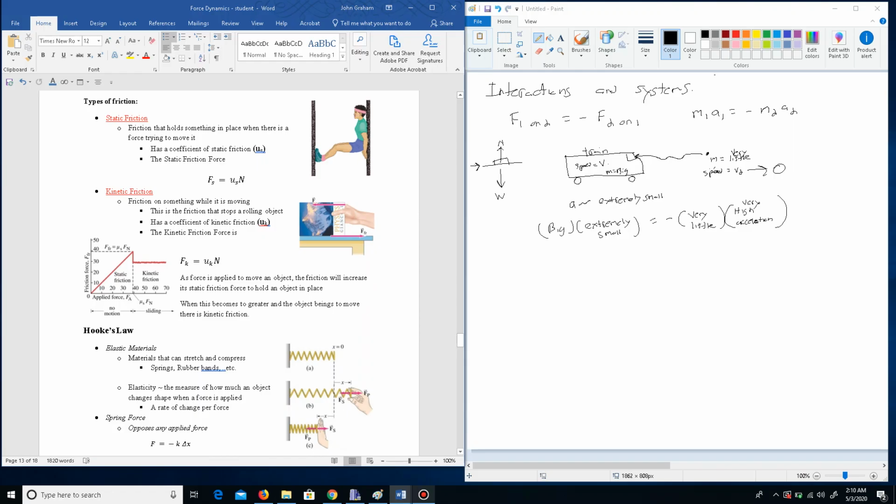It's a percentage of the normal force that's going to be applying this static friction. So the equation for it is Fs equals mu s times the normal force. And so we see here this person is able to stand up on this based on friction and the fact that you have the normal force pushing off on them.